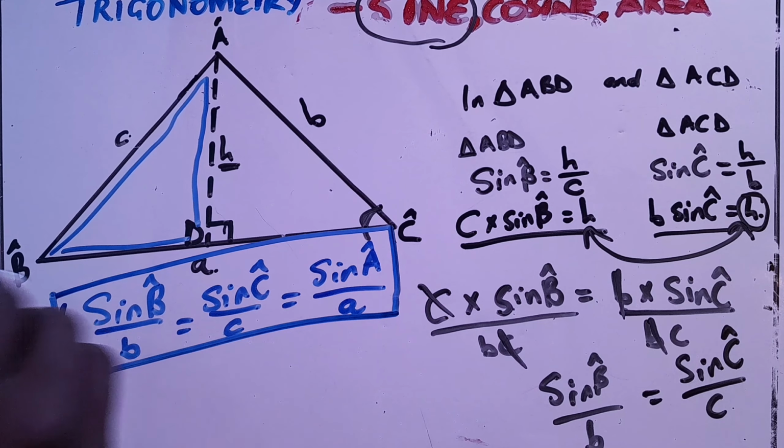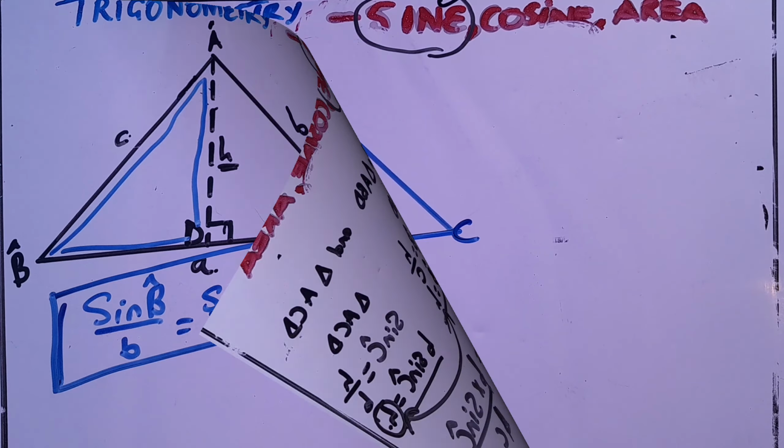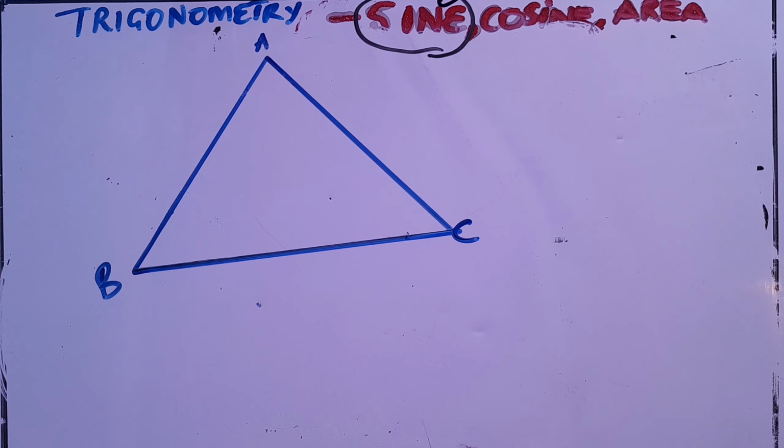So without a right angle triangle, we can use something like this, right? So let me give you a clear picture so that you can see clearly before we do an exercise. Okay, so how do we use this sine rule?